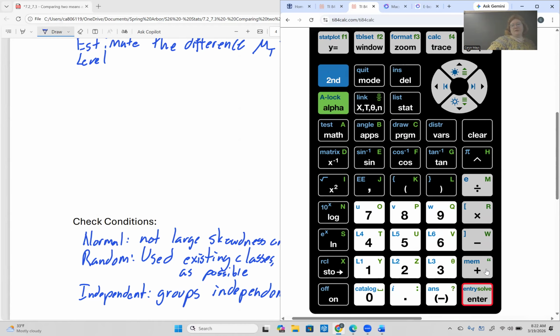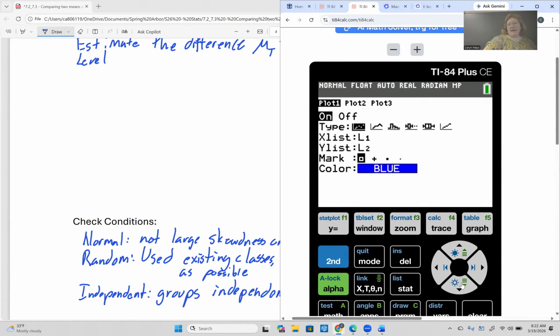I'm going to turn it on. And in this type list, we have scatter plot, I believe scatter plot with the points connected, histogram, box and whisker, two types of it, and then this last one is the normal quantile.